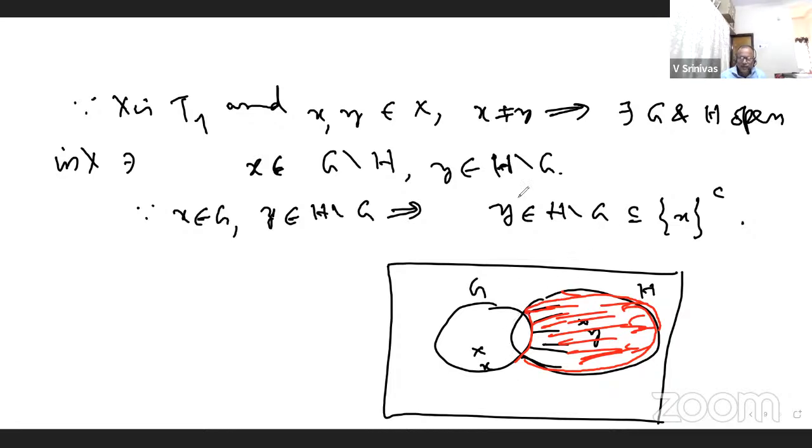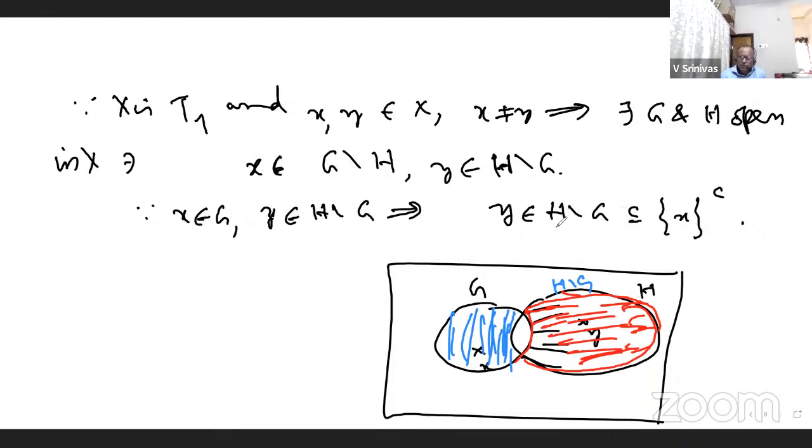If you call this the blue part, this is H minus G. This is H. This red part is H minus G. Where does it lie? It is away from x. X does not belong to it. X is in G, in the deleted portion. So x is not present here, so this whole thing has to be in the complement. This red portion is away from small x.